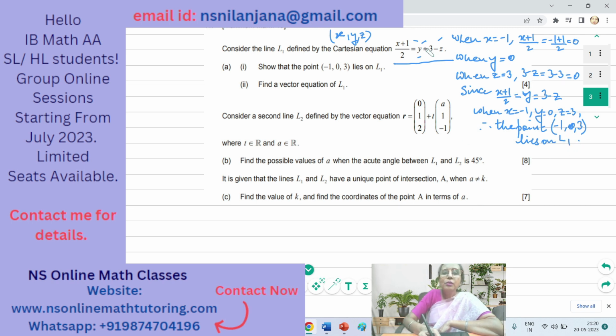Okay, so this was actually the answer to subpart AI. So we have shown that this point does lie on the line L1.